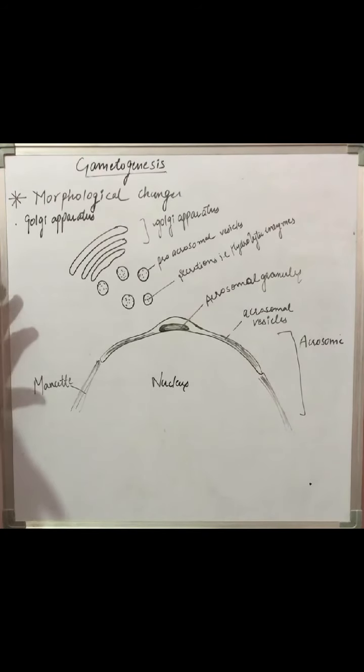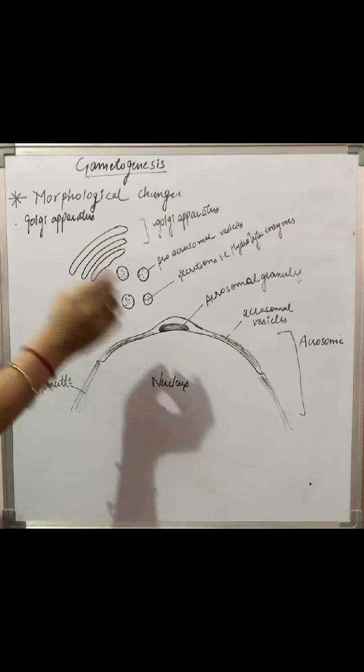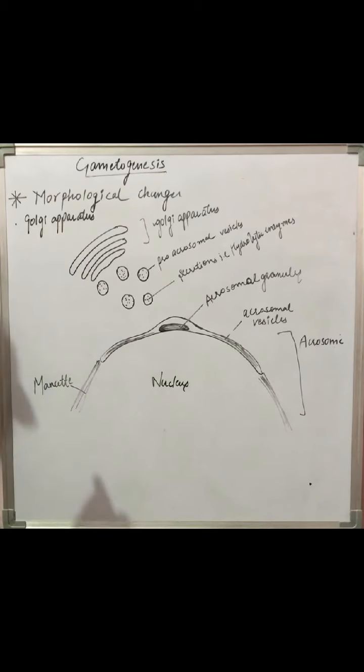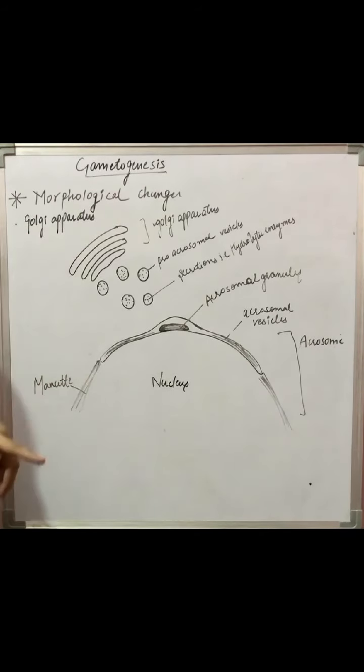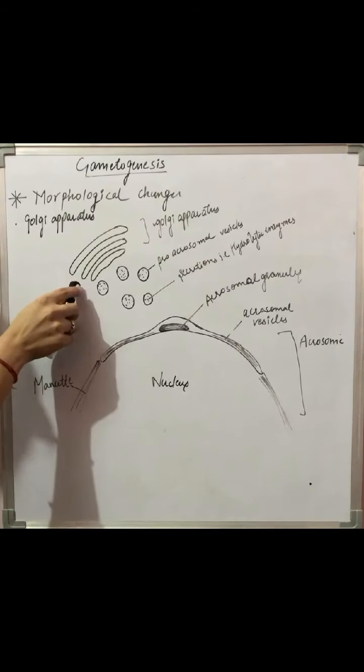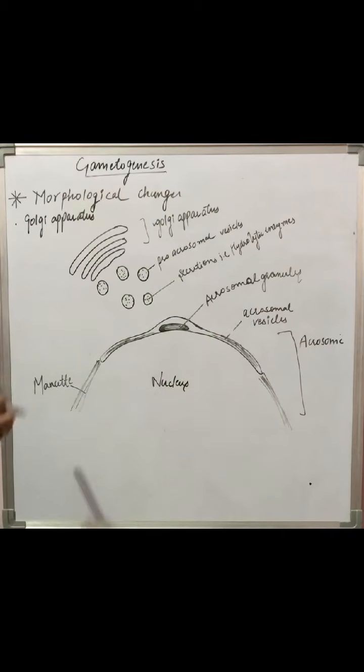Now we will discuss the change that takes place in the Golgi apparatus. We have discussed that the nucleus is formed after the morphological changes. So imagine the place where the nucleus is present is here. Now the Golgi apparatus. During the morphological changes, this Golgi apparatus secretes some proacrosomal vesicles.